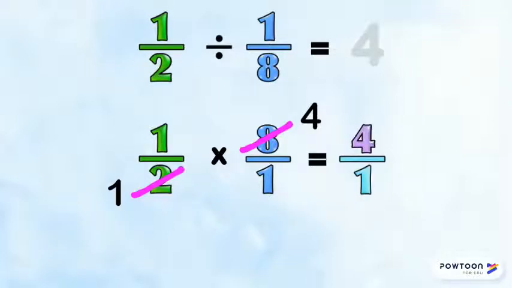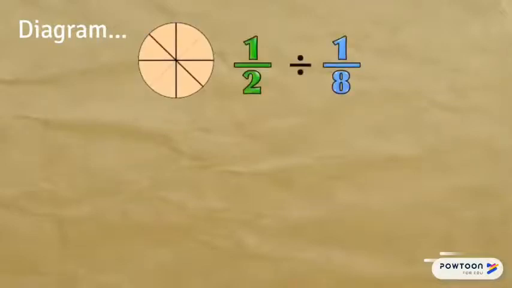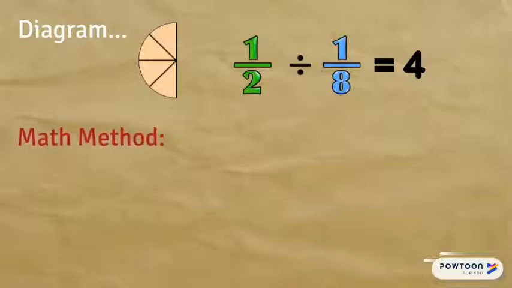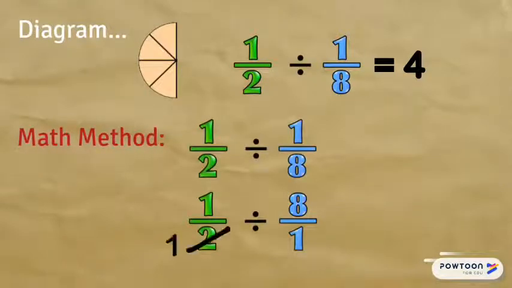Any number over 1 equals the numerator as a whole number. 4, the same as we got using the diagram. That's pretty amazing. Using the diagram, we proved that 1/2 divided by 1/8 is 4, and now we have a math method to get us there easily without needing a diagram.